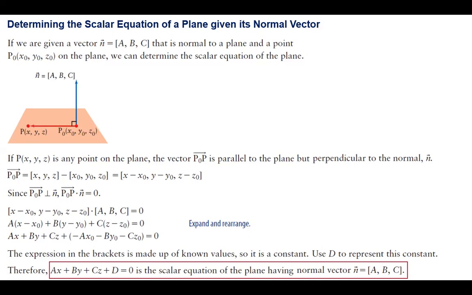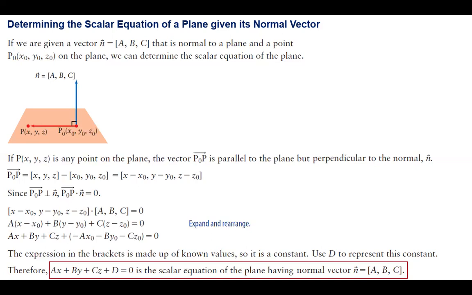So this situation is shown in this graph here. If the point P, x, y, z is any point on the plane, then vector P naught P is parallel to the plane, but perpendicular to the normal, right?